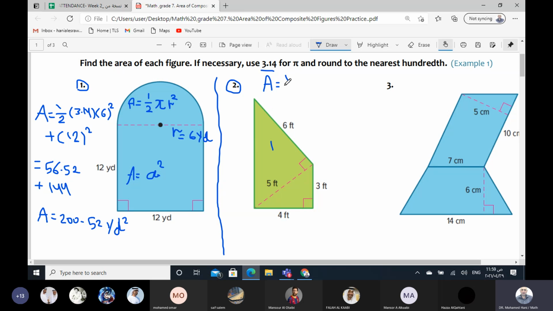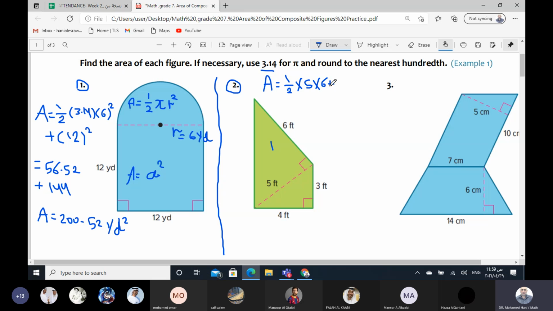The rule will be 1 over 2 multiplied by the base, 5, multiplied by the height, 6.